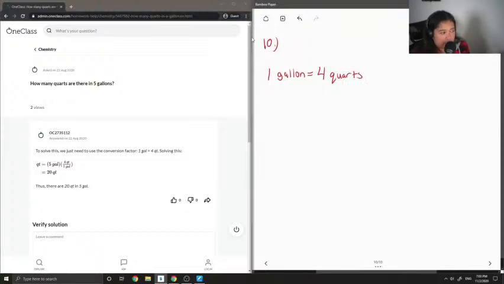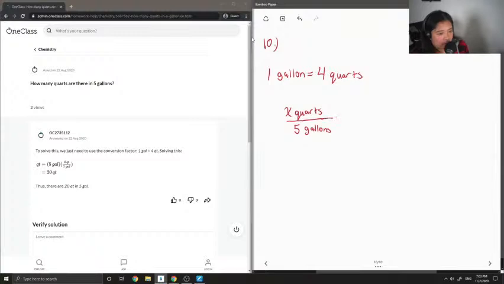So all we have to do is a conversion factor. So whatever we're looking for, which is quarts, I'm going to denote as x. And it'll always be on top. So there are x quarts in 5 gallons.